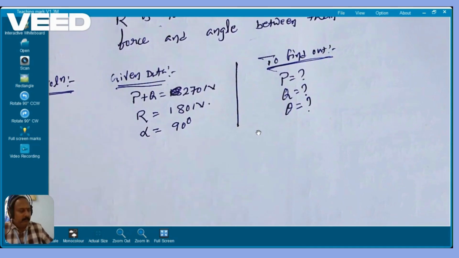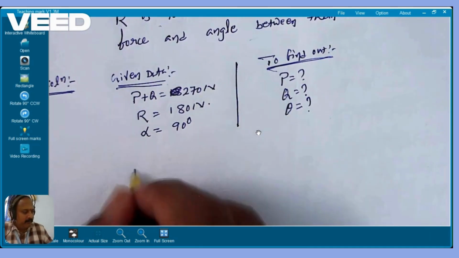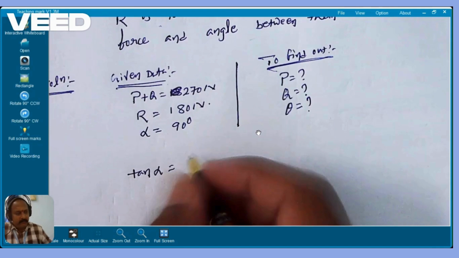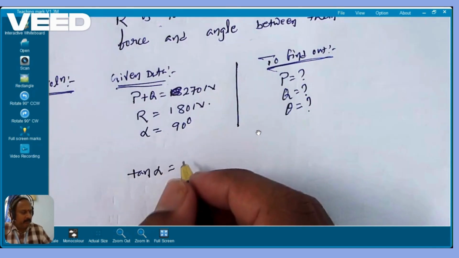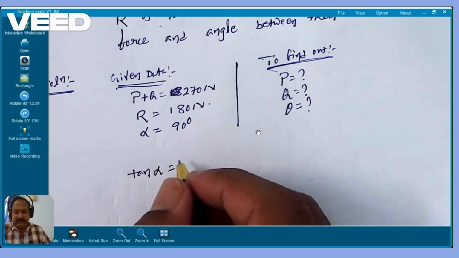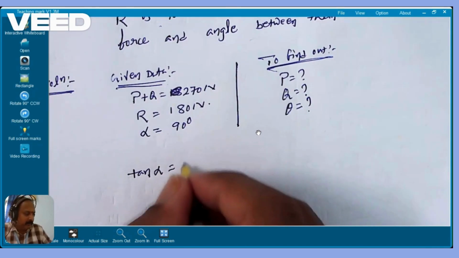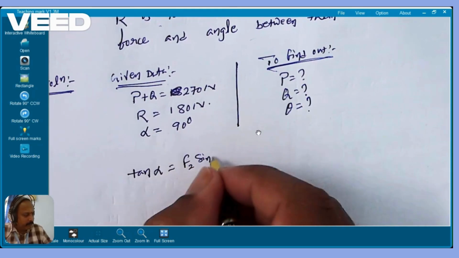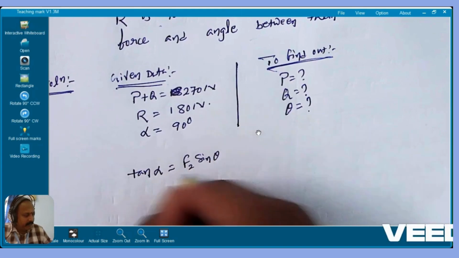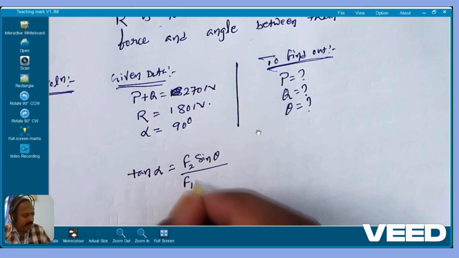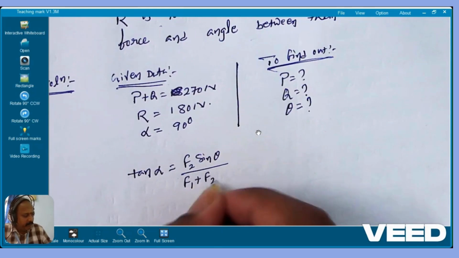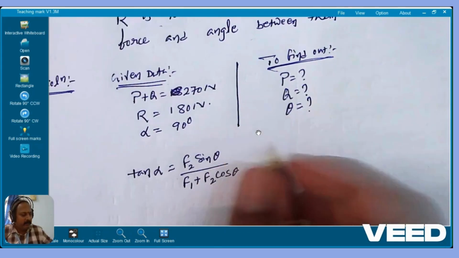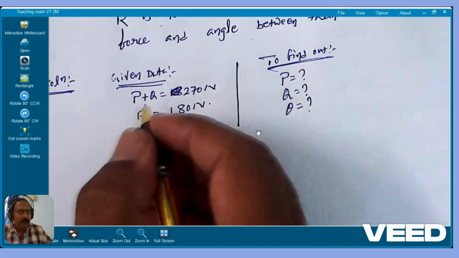We know the formula, that is tan alpha is equal to F2 sin theta by F1 plus F2 cos theta. You might be thinking that F1, F2 is not given. So let us do one thing.